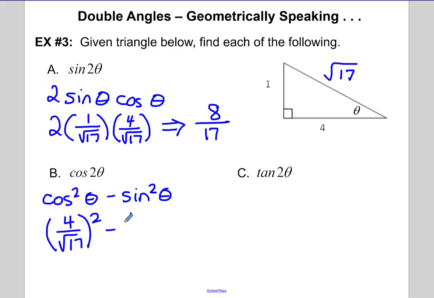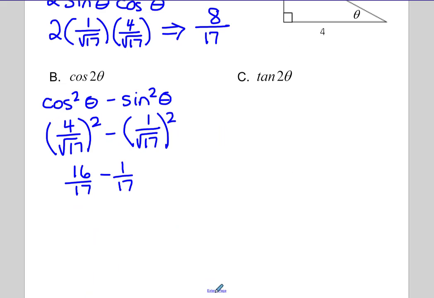And sine is 1 over radical 17, and we need to square that. So this becomes 16/17 and 1/17. So the cosine of our double angle is going to be 15/17 if we doubled that angle.